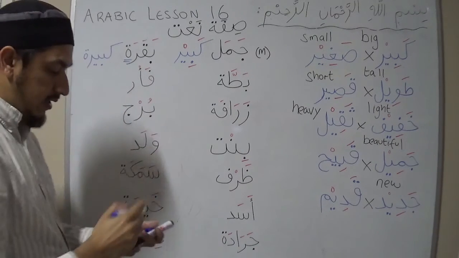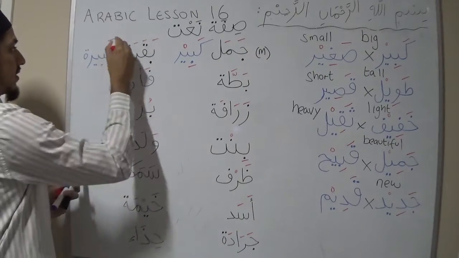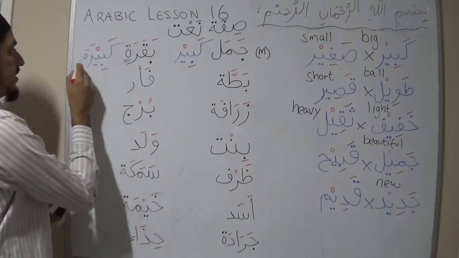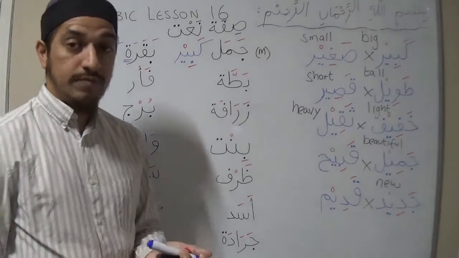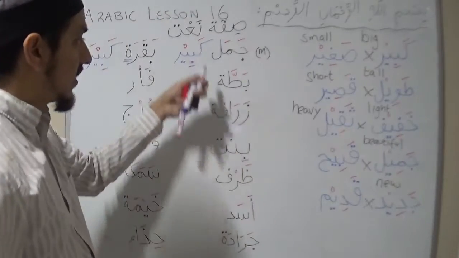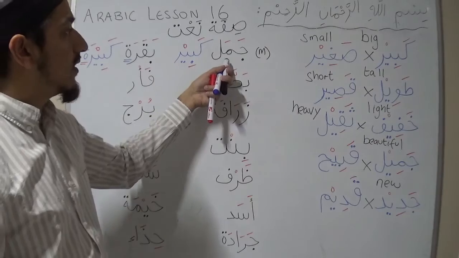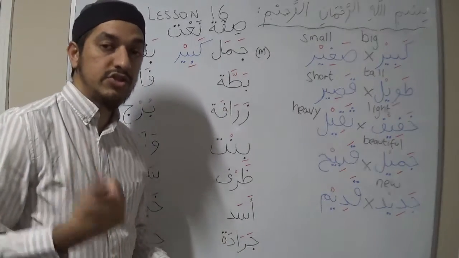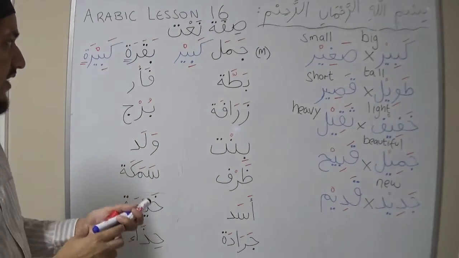We made kabir a feminized version of it, which is kabira. And here we're seeing both of the ta marbutas. So two things: an adjective is going to follow the noun that it is describing in gender and in being specified or not. So let's carry on with the examples.